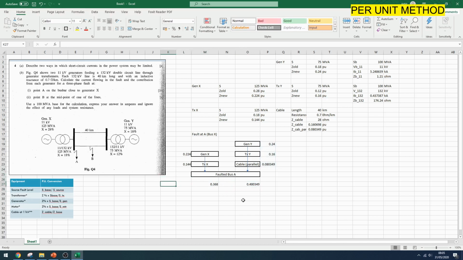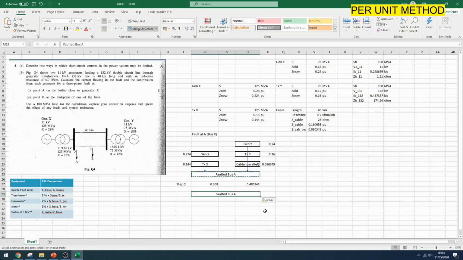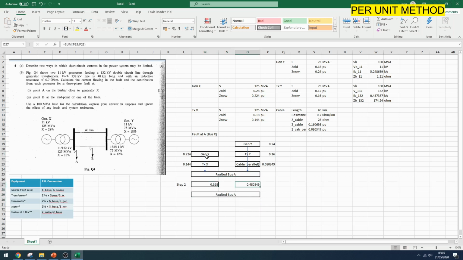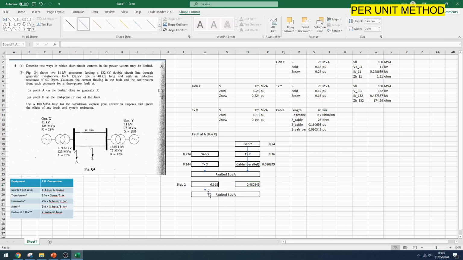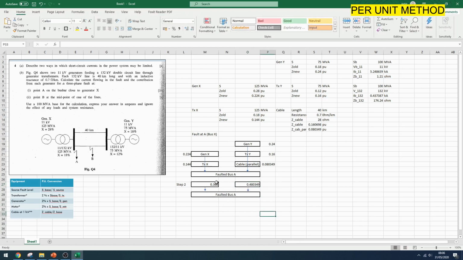Okay, step 1, step 2. The faulted bus is still here, faulted bus A. This one you've already calculated. These two are in parallel, so you just do the parallel.